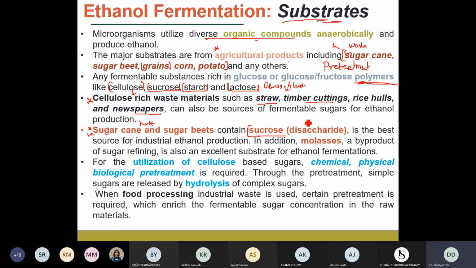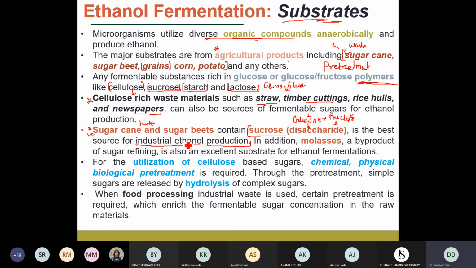It contains two monosaccharides, glucose and fructose. Both glucose and fructose can individually be used as a carbon source for ethanol production. There is a very slight change in the pathway by which glucose and fructose are metabolized, and it is one of the best sources for industrial ethanol production.